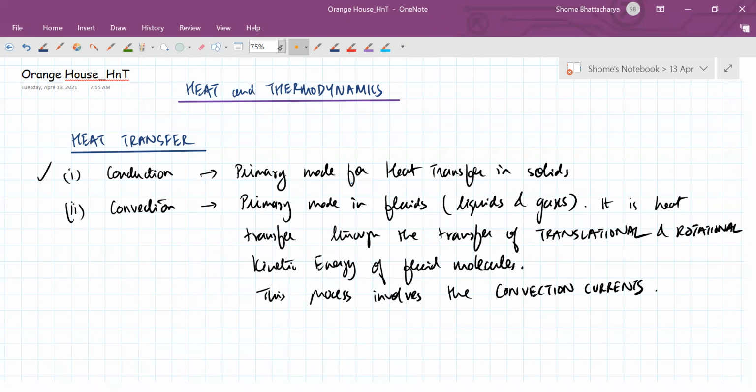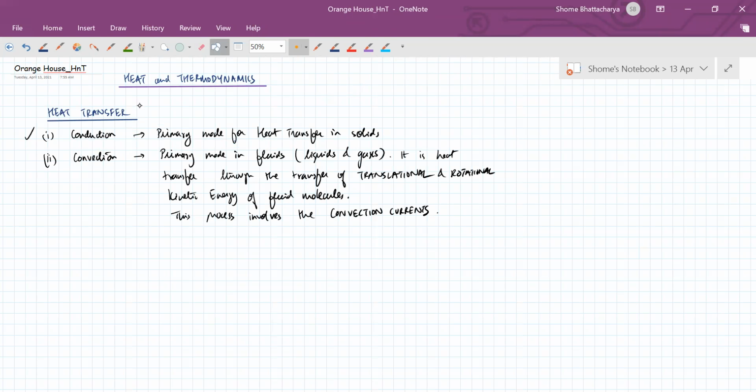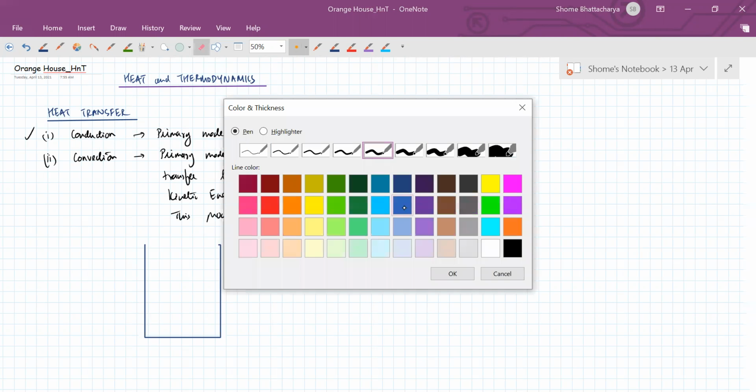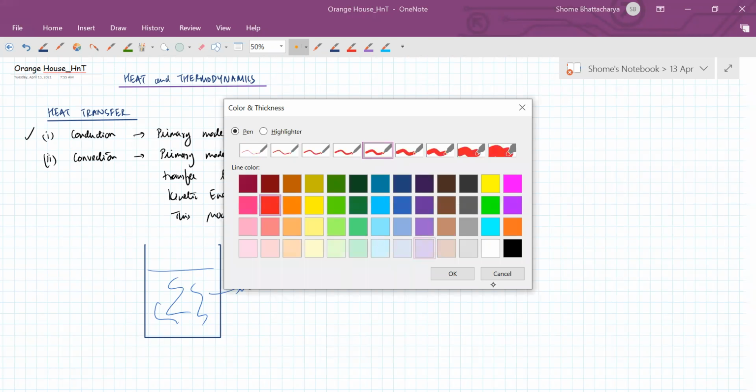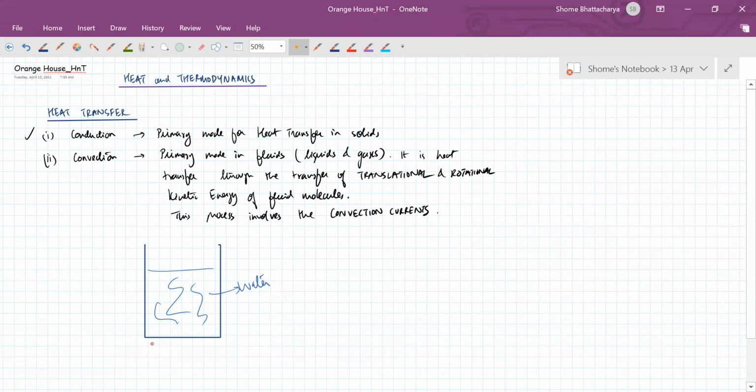Okay. So just briefly understanding what this process is about. Suppose we have a container which has a fluid of some type, like it has water or something, let's say. And then what we are doing is we have a source of heat somewhere at some position.